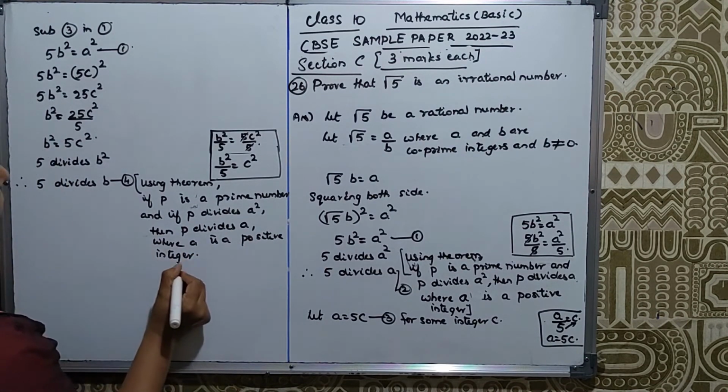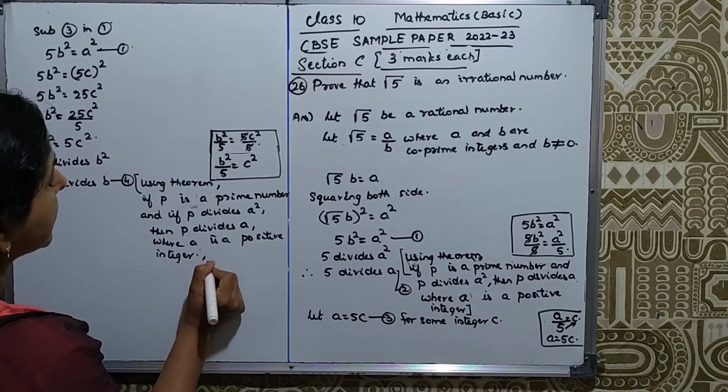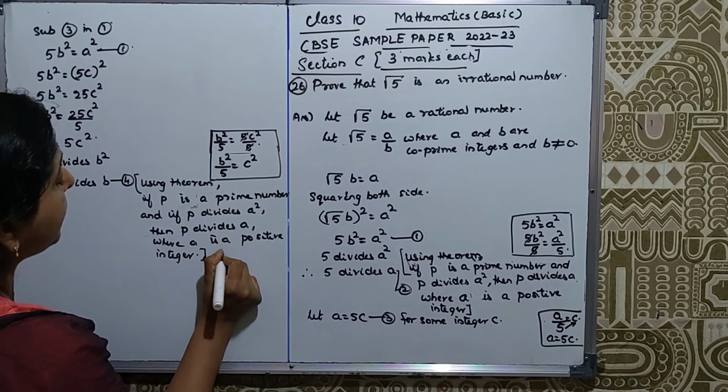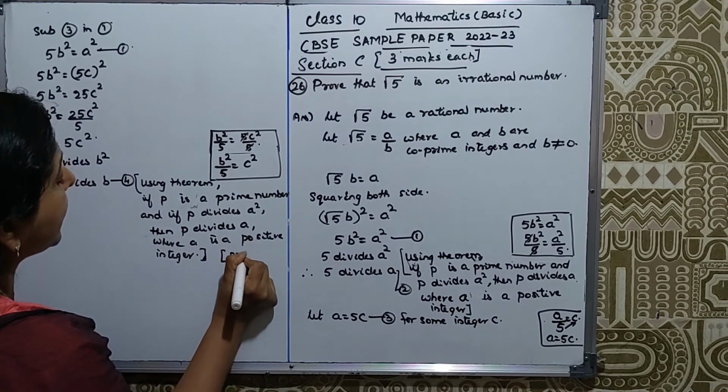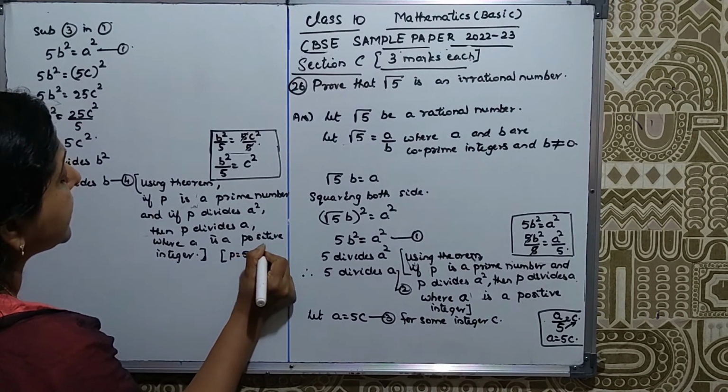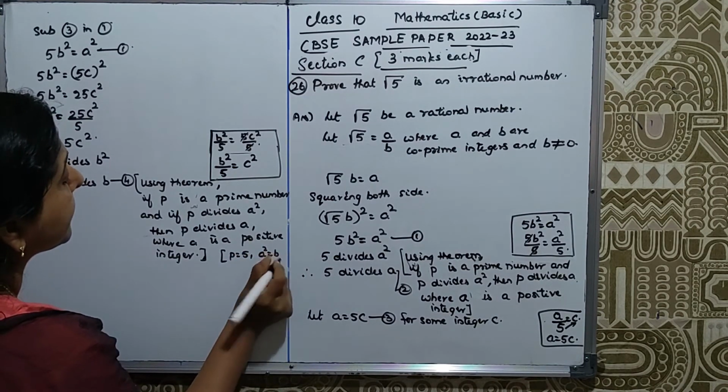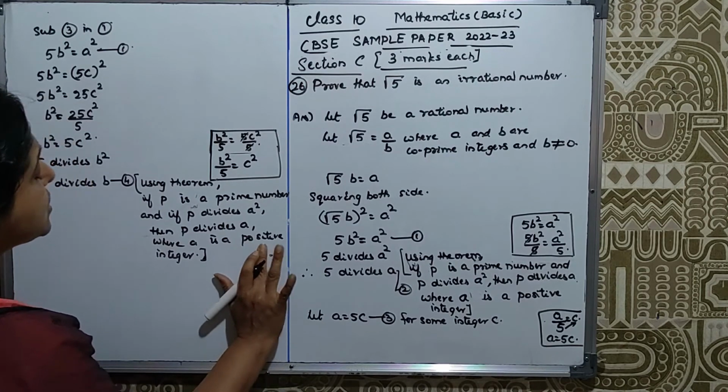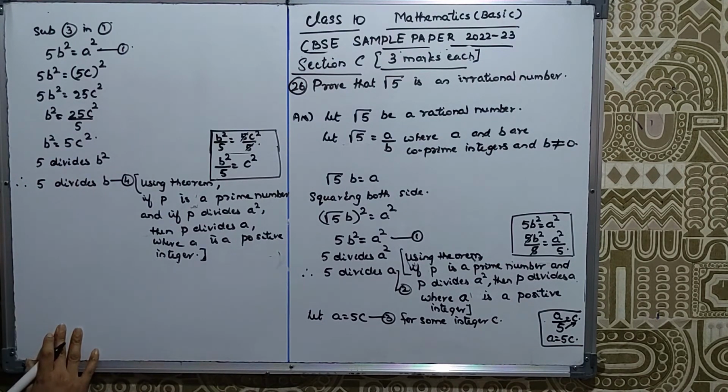Here instead of p we used 5, and instead of a squared we wrote b squared.